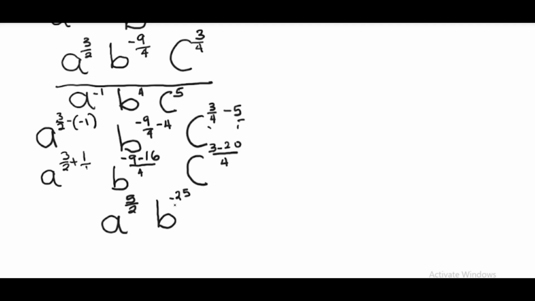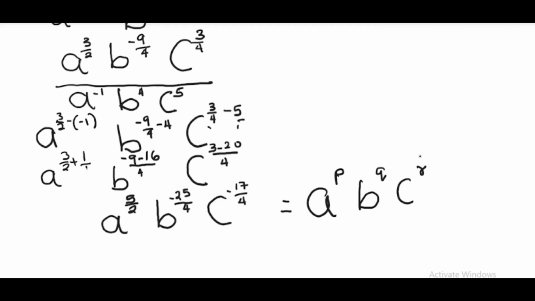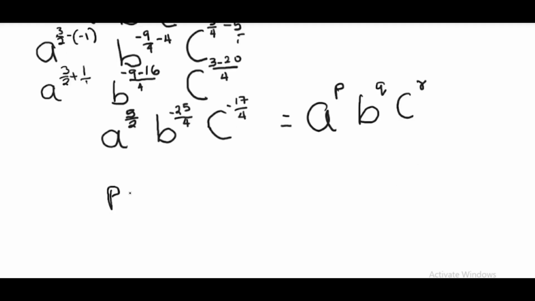Good. Now we have simplified what we have on the left hand side. So equating it with what we had on the right hand side, which says that a is raised to the power of p, b is raised to the power of q, and c is raised to the power of r. So if these two sides are equal, because we have the equality sign, it means that p is the same as 5 over 2.